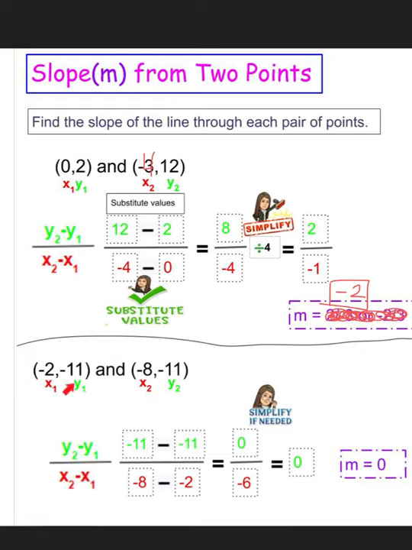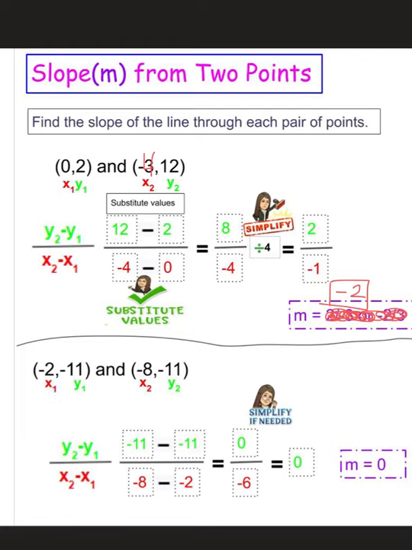Okay, then I have some more points labeled again, x sub 1, y sub 1, x sub 2, y sub 2. Substitute into the formula. Y sub 2 is -11 minus y sub 1 is -11 also. X sub 2 is -8 minus x sub 1, -2.